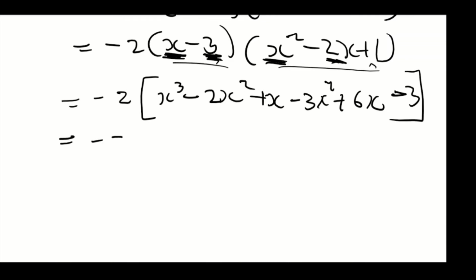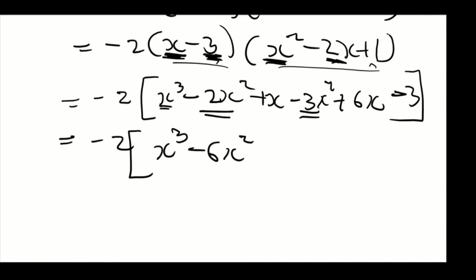So you collect like terms: x cubed, minus 5x squared, plus 7x, and then minus 3, right?